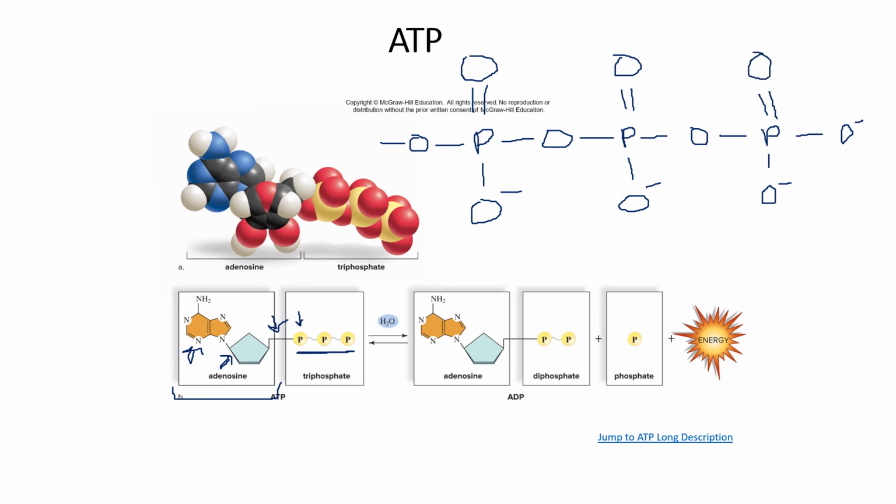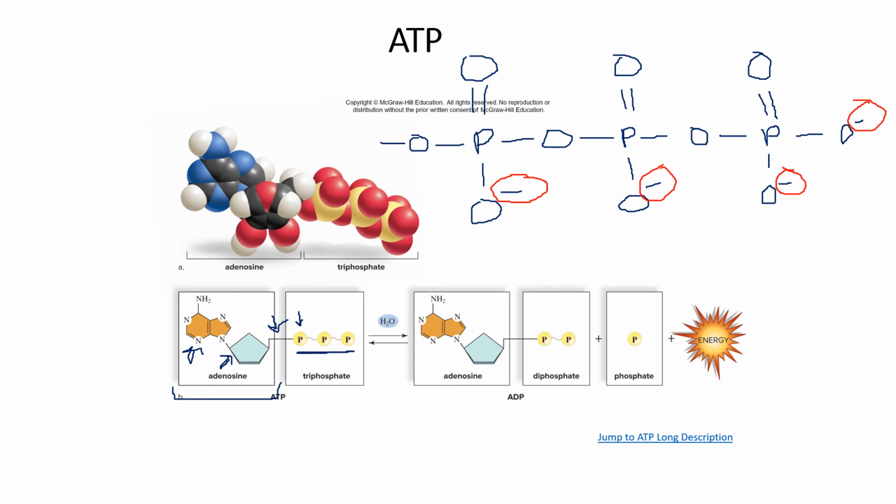So the main reason I drew all this out and spent like a minute doing it is to show you there's a lot of negative charge in this triphosphate. And remember, in chemistry and physics, opposite charges attract. Well, also same charges repel.